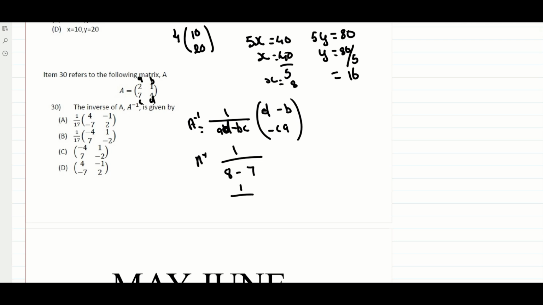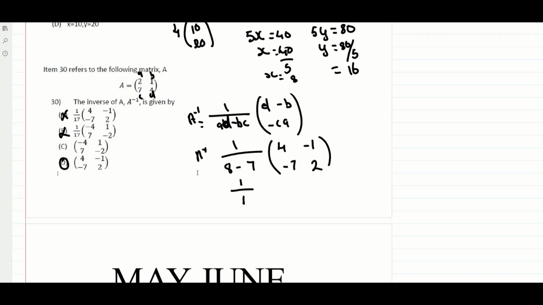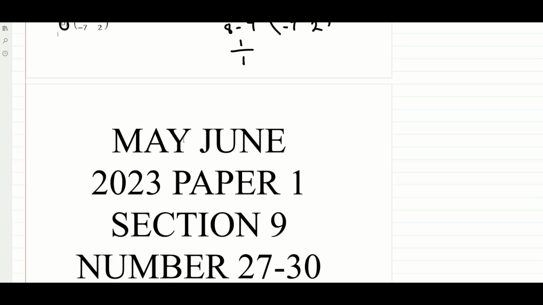That's 1 over 1, so it is not A and not B. We interchange A and D, so this is 4, 2, and this would be negative 1 and negative 7. So it would be D. Once you remember this formula, you should be good, and that would be for January.